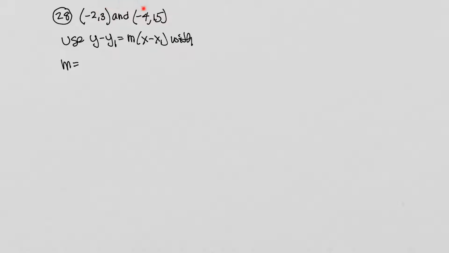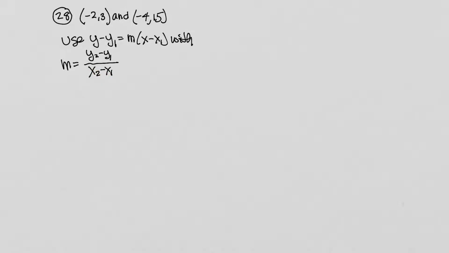But if we're given 2 points, we know that we can find the slope using the slope formula, which is y2 minus y1 over x2 minus x1. The second y minus the first y, over the second x minus the first x. Let's just do this.